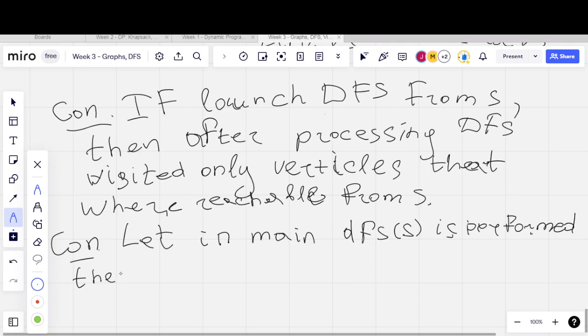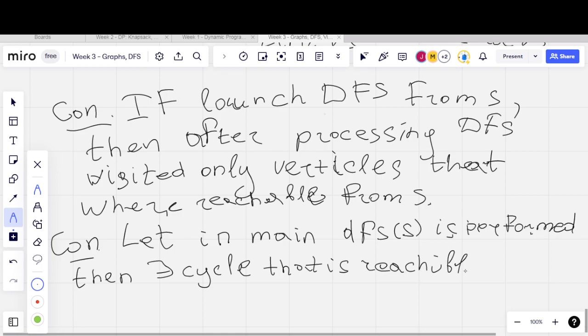Then if there exists a cycle that is reachable from our start vertex, that's equivalent to what?